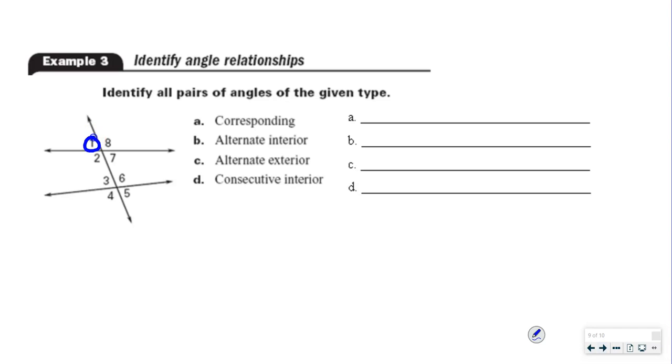So that would be 1 and 3. 8 and 6. 2 and 4.